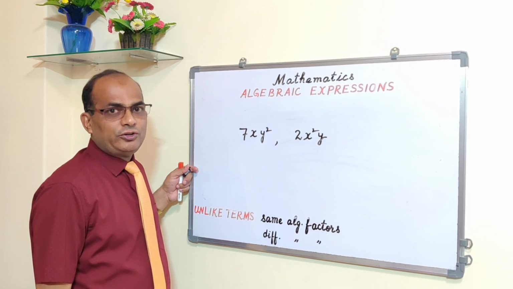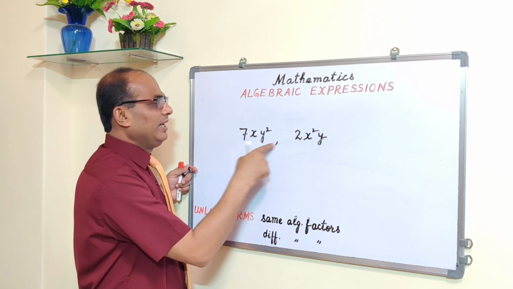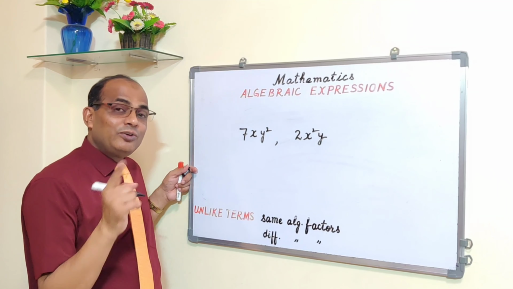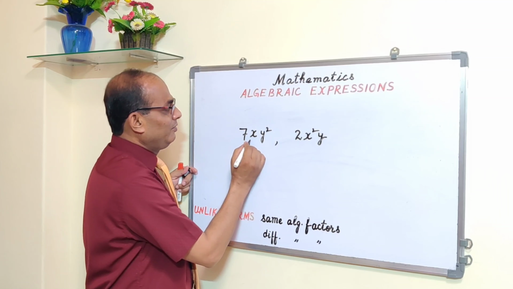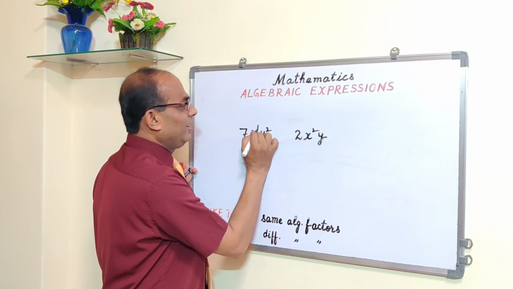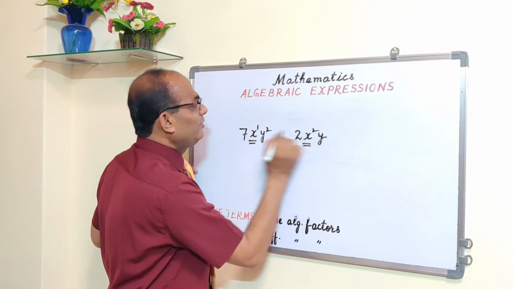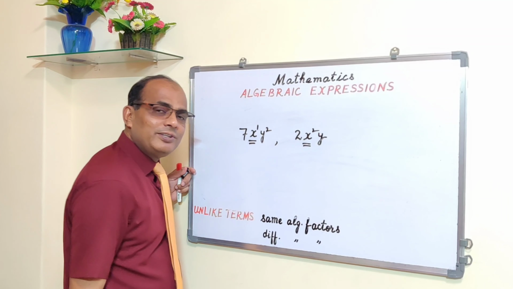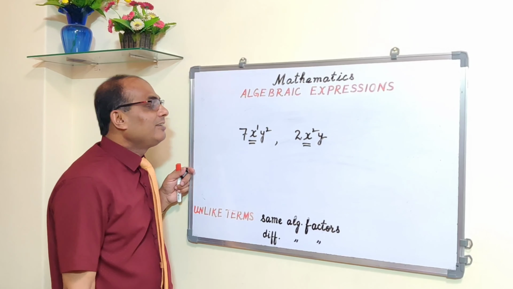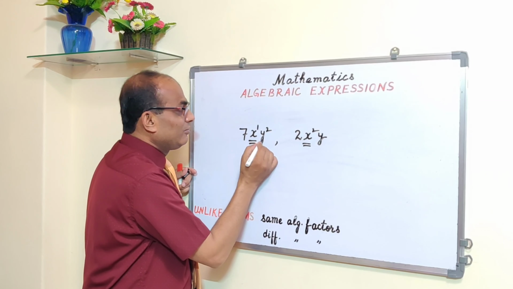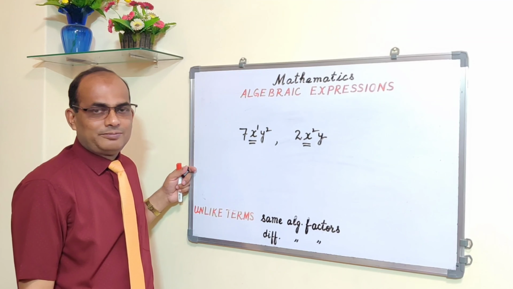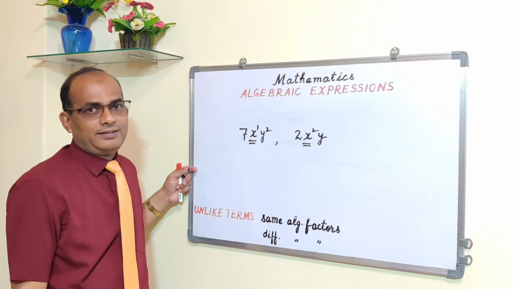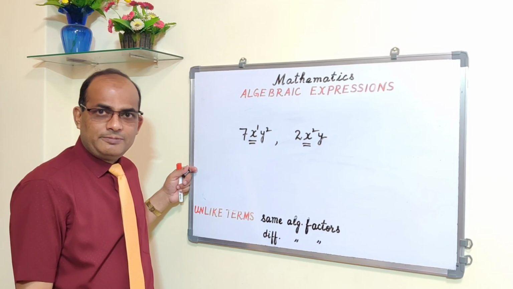See the variables, they should be the same, so they are the same, x, y. But now you have to see the powers of the variables. Here we have x, power is 1, and here we have x, power is 2. They must be the same. They are not the same. That means 7xy square and 2x square y are not like terms. They are unlike terms. Is that clear?